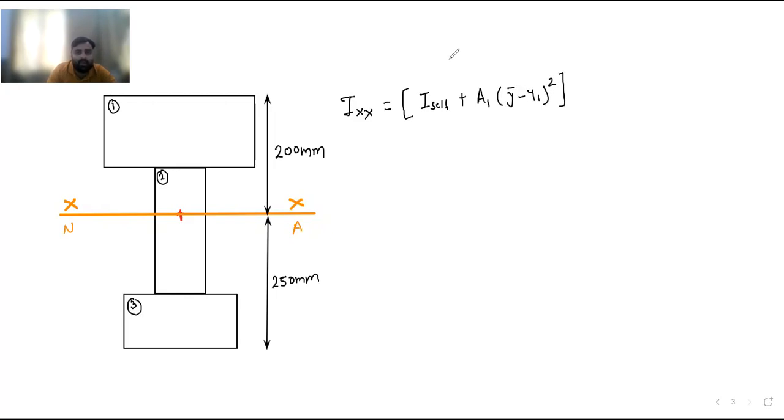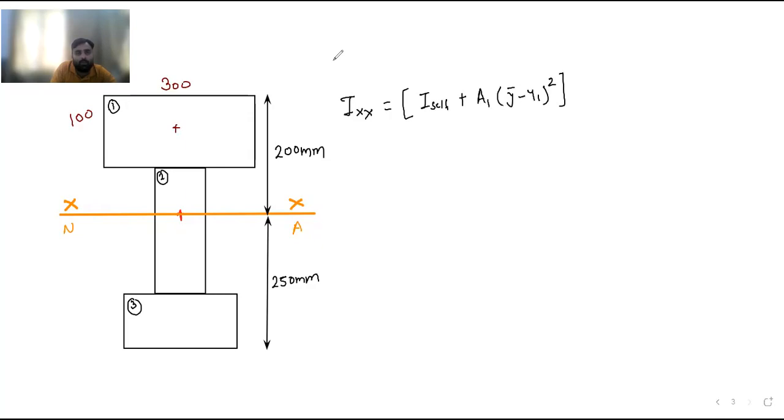So before using the parallel axis theorem, I will tell you, this is my figure number 1. This dimension is 300. This dimension is 100. So the CG of this first figure, 300 by 100. Now think about this rectangle only. CG of this first figure may be situated somewhere here.